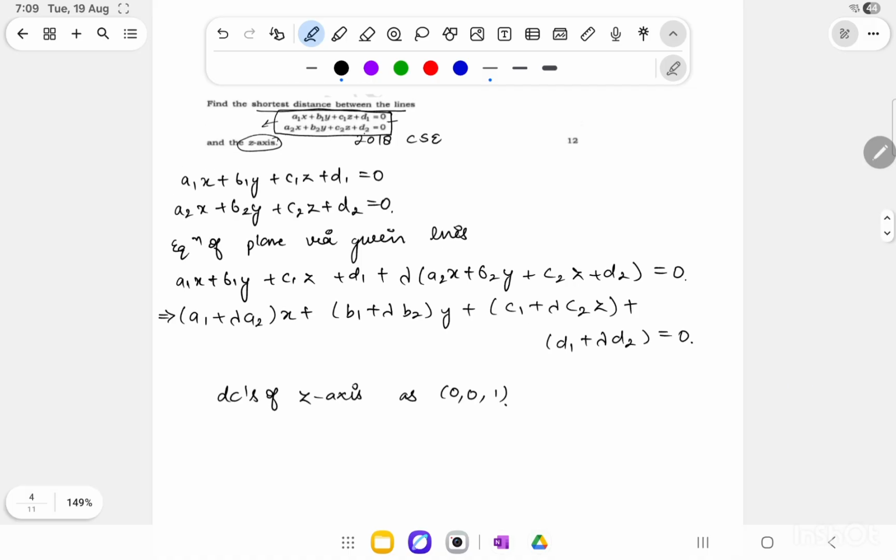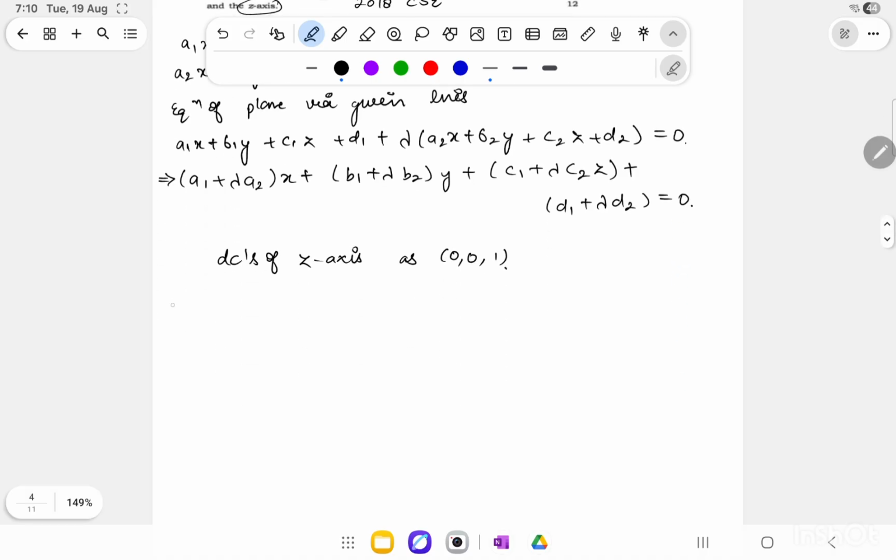We know that the intersection line will be lying in both these planes. So the intersection line must be perpendicular to the normals of these given planes. So what I am saying is, the line of intersection must be perpendicular to the normals to the given planes.